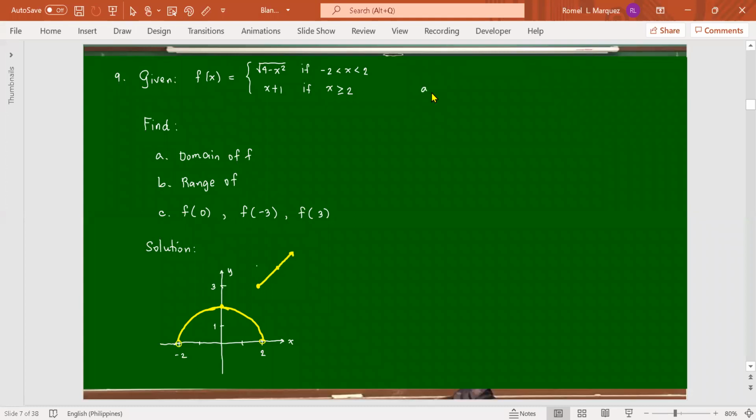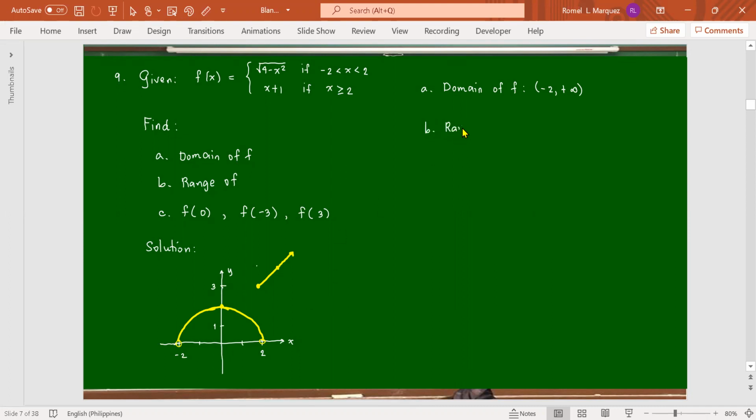So for letter A, domain of F, we have -2 to positive infinity. We don't include -2. So we have, again, from greater than -2 to positive infinity. Obvious from the graph.